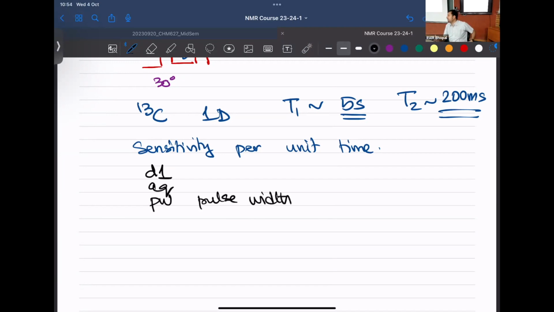Pulse width is the duration of application of the perturbing alpha degree pulse. Then what did we look at? We looked at dummy scans. We looked at number of scans. We looked at sensitivity, signal to noise ratio. And now I just introduced you to signal to noise per unit time.